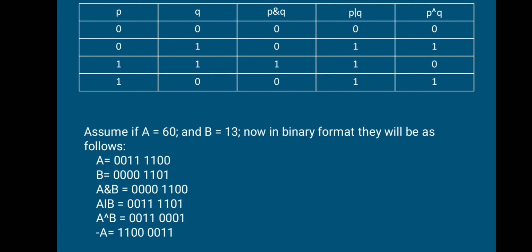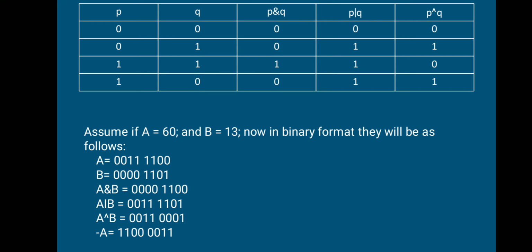So if you take A equal to 60 and B equal to 13, the binary value of A is 0 0 1 1 1 1 0 0 and B is 0 0 0 0 1 1 0 1, that is 60 and 13.